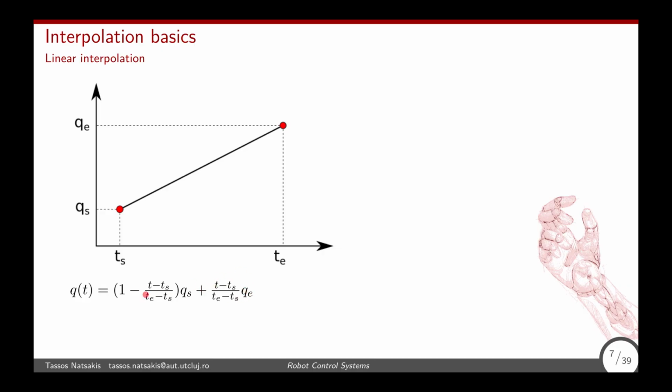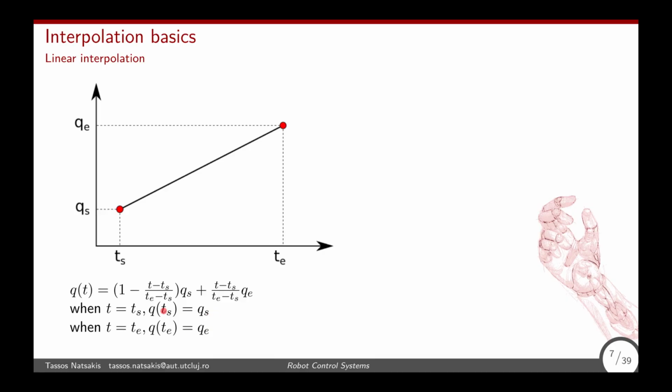You can see that when T equals T_S, this part, T_S minus T_S, will be 0. So it will be 1 minus 0 times Q_S, so Q_S, plus 0 times Q_E. So when T equals T_S, I will have Q of T_S equal to Q_S, the starting value.